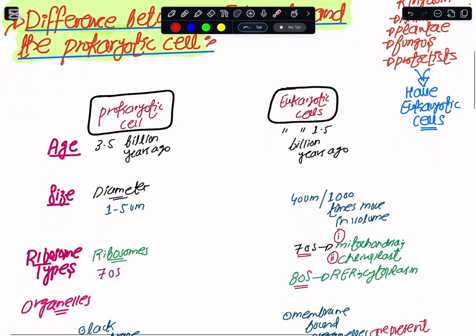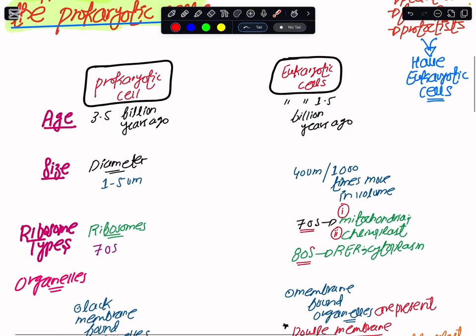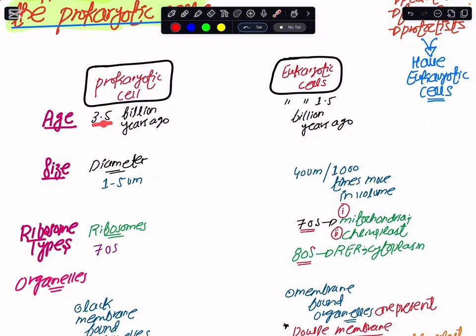Now, bacterial cells are believed to be older; they evolved prior to us, the eukaryotic cells. The age of the prokaryotic cells goes back to around 3.5 billion years ago, so they are the older cells. The eukaryotic cells are the newer cells and evolved some 1.5 billion years ago.